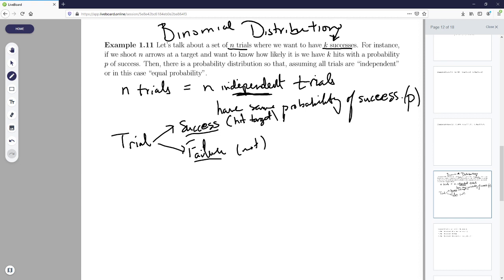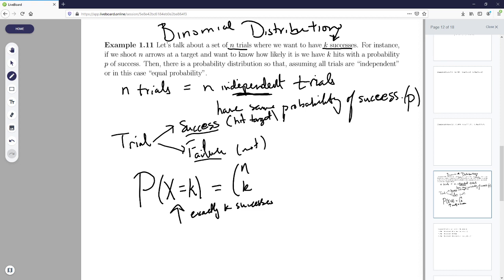We're going to assert that the probability that there are exactly k successes, which is the usual notation some statisticians use for exactly k successes, is equal to n choose k, p to the k, q to the n minus k, where q is 1 minus p.